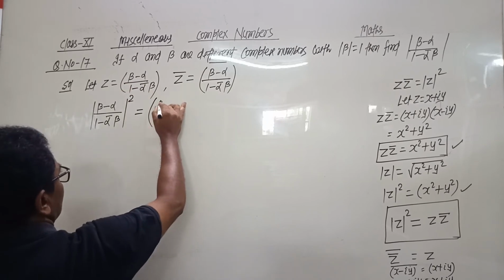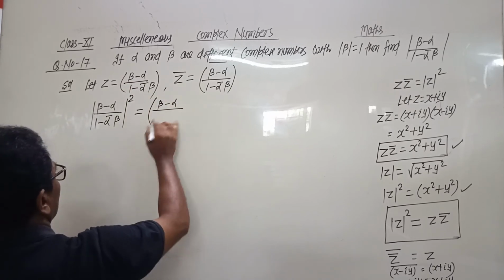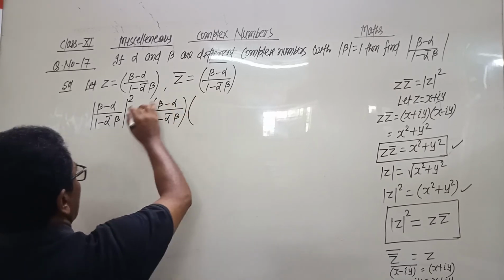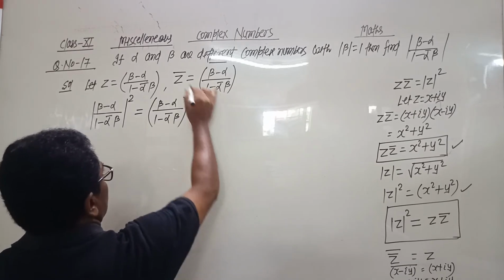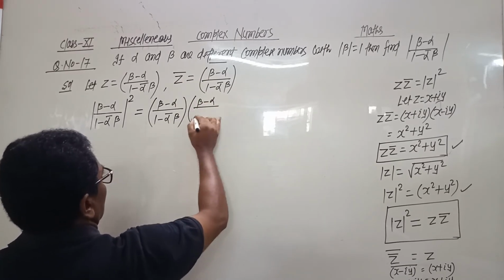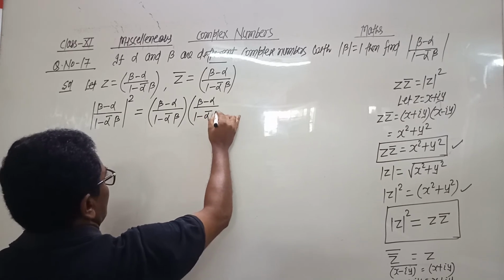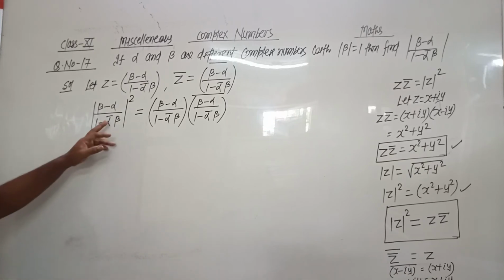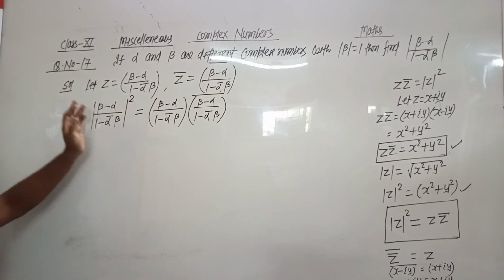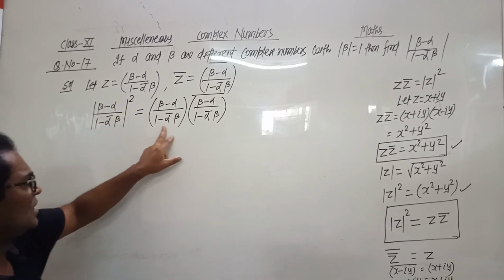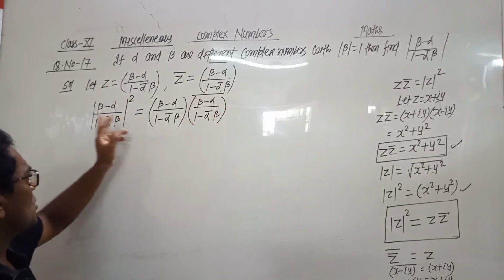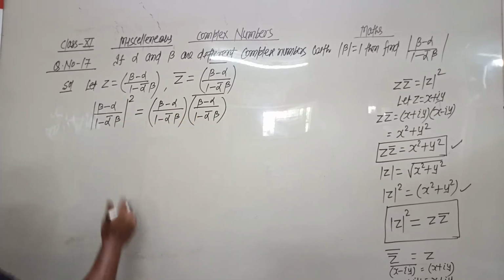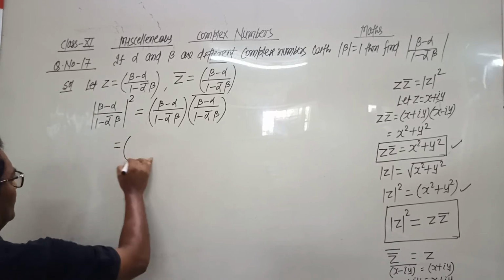The value of z is beta minus alpha upon 1 minus alpha bar beta, and the value of z bar is beta minus alpha upon 1 minus alpha bar beta, the whole bar. We are using the formula that modulus of z square equals z into z bar. So we solve this.